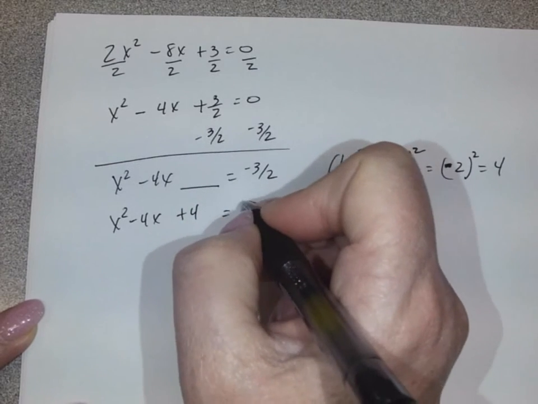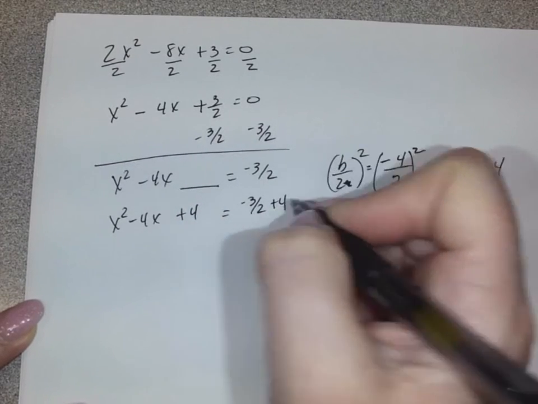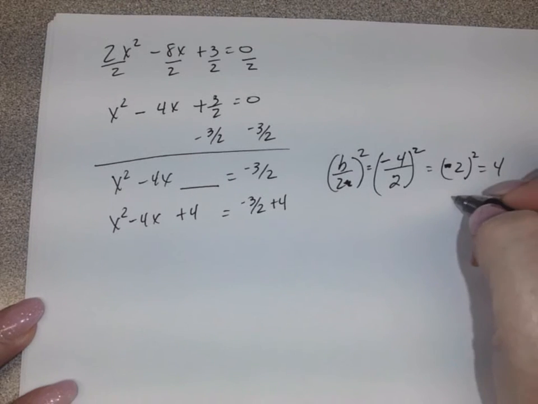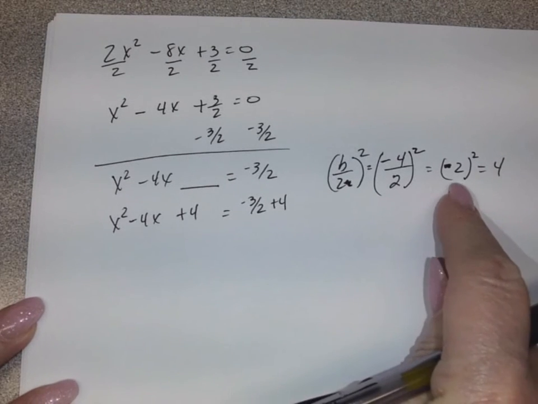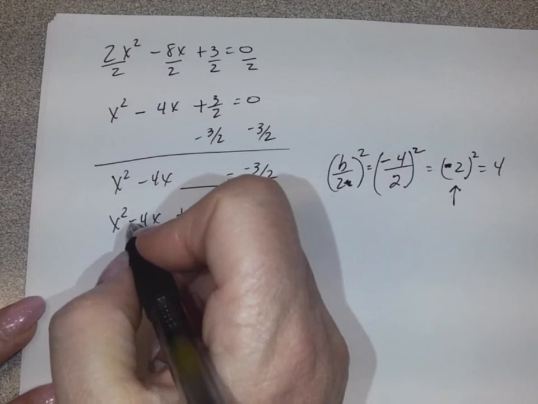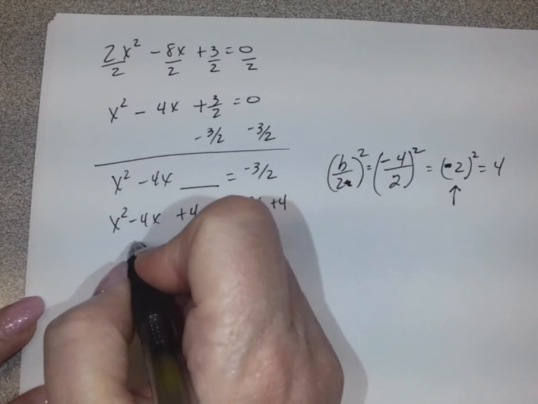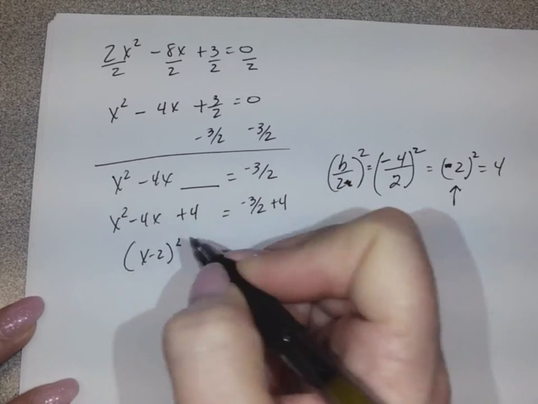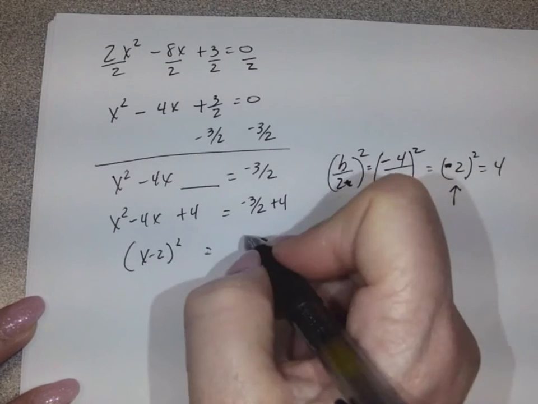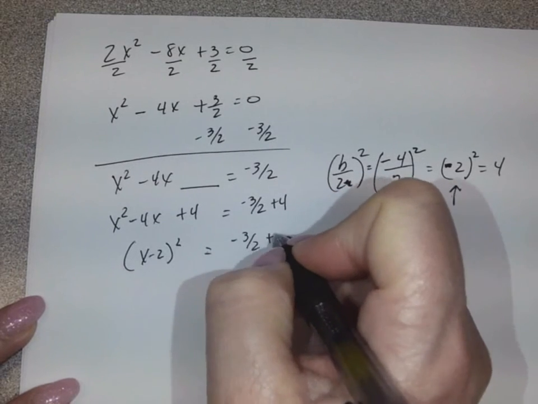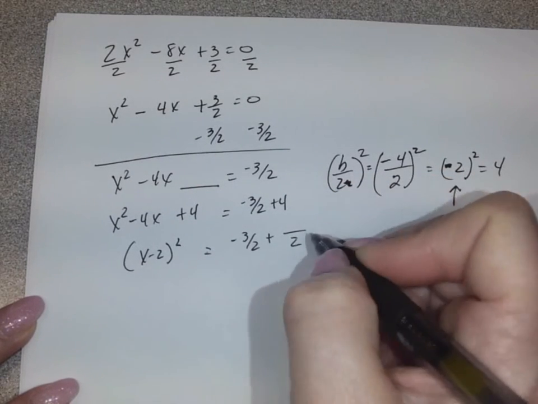So with our factor, we're using our reduced part here. So this side will factor to be x minus 2 squared. So here we have negative 3 halves. We need to put 4 over 2. This will be 8 halves. So you can do it off to the side or you can do it in the equation.